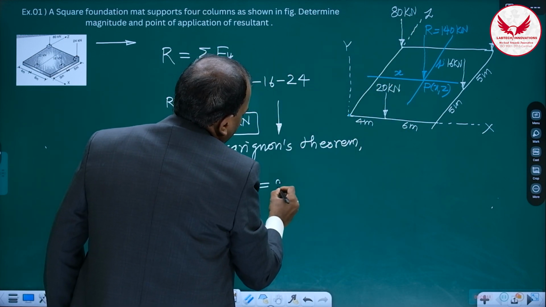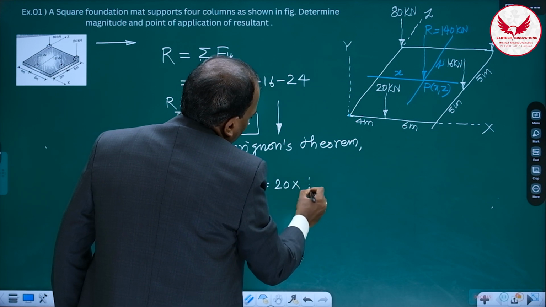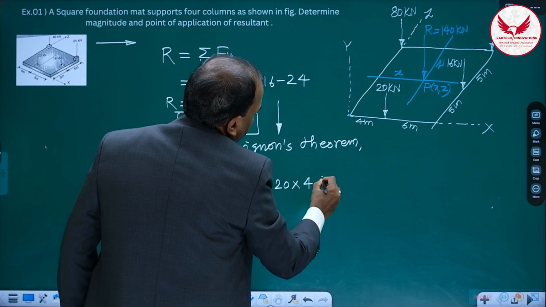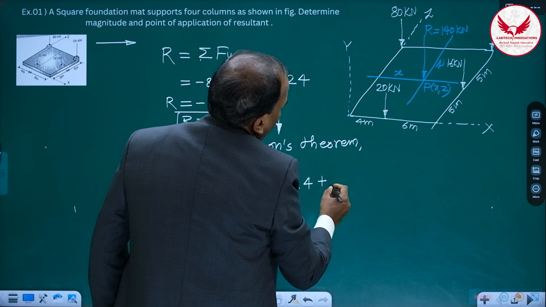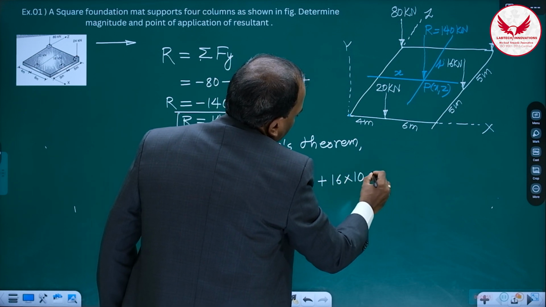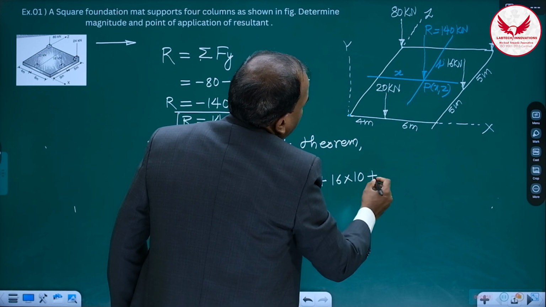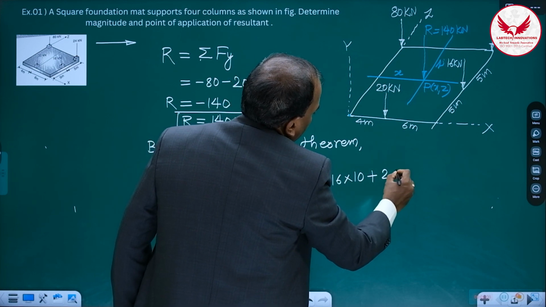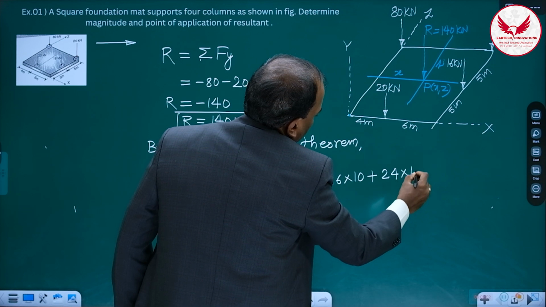Moment of 20 into 4 plus 16 into 10 plus 24 into 10.